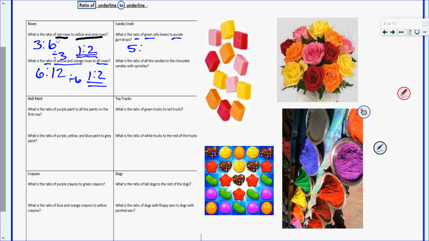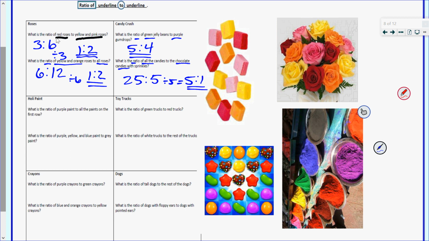Purple, I see 4. Can I simplify that? Nope, so that's the final answer. What's the ratio of all the candies to the chocolate candies? 5 by 5 gives me 25. Count the chocolate ones, I see 5. Divide both by 5 gives me 5 to 1.